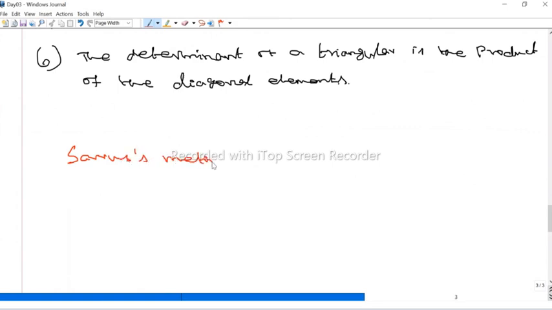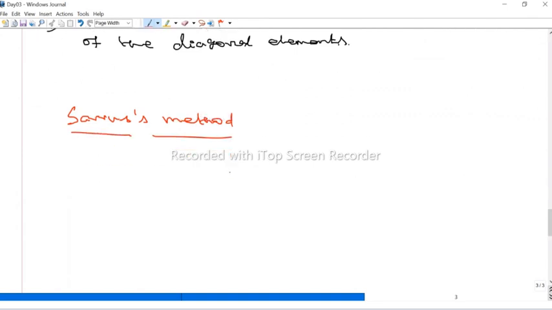So what does the method say? Suppose we have a 3 by 3 matrix, I can write here: a1, b1, c1, a2, b2, c2, a3, b3, c3. We have to find the determinant of this. Suppose this is our matrix A.